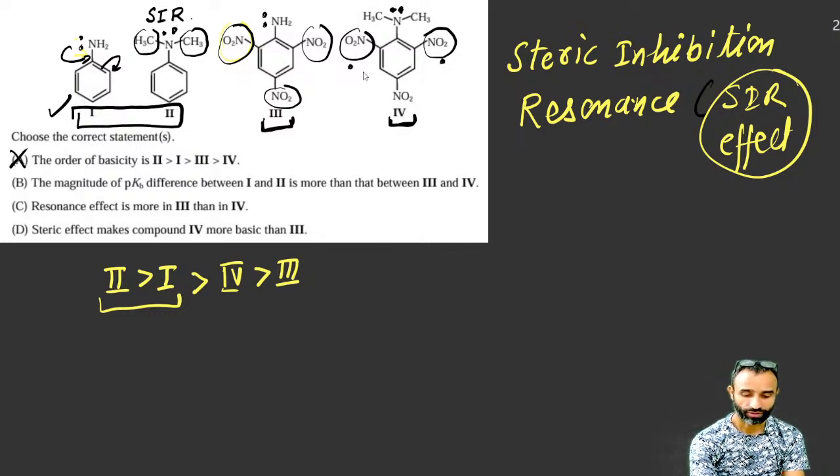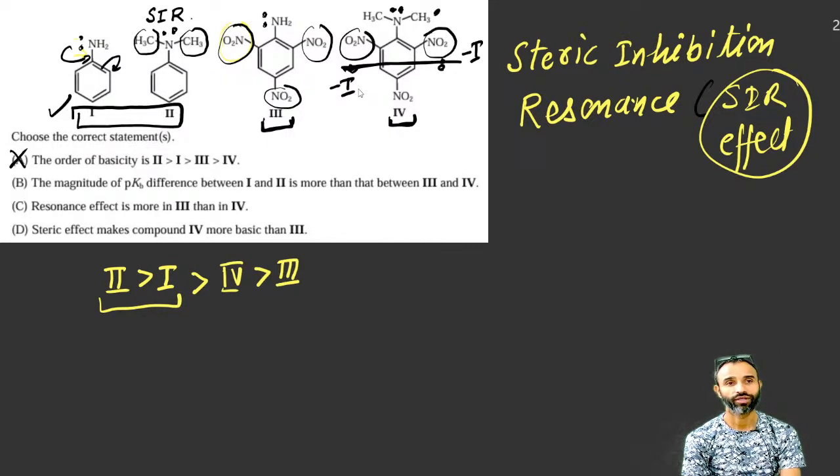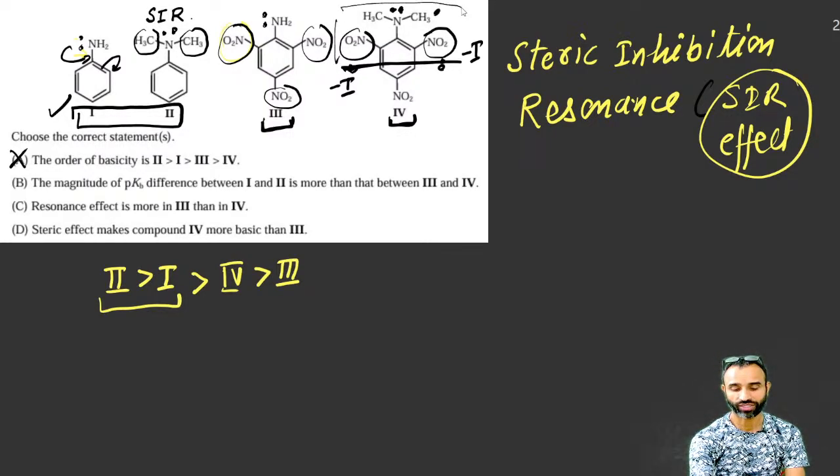So there is no resonance at these ortho positions. They have only minus I effect, because resonance is eliminated. That's why it is written like that, because here resonance is diminished to a large extent.